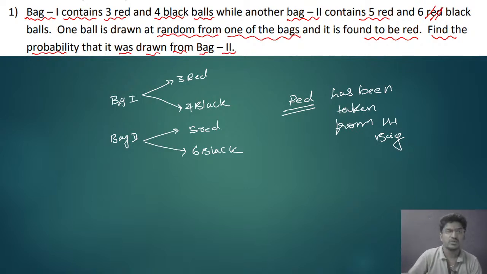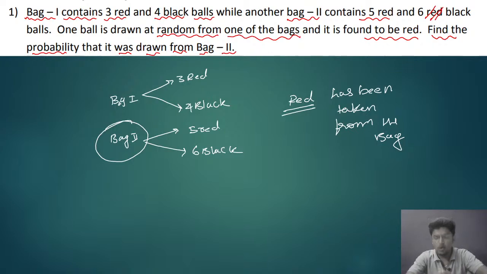Now, what do we have to calculate? We have to calculate that it is from bag 2. For example, I have two bags and there are some balls in bag 1 as well as in bag 2. Now I will take one ball out of the two bags.